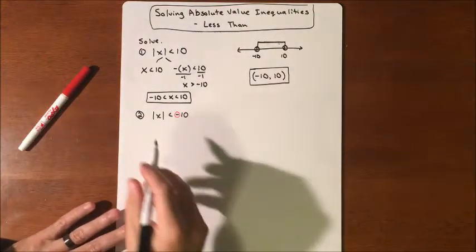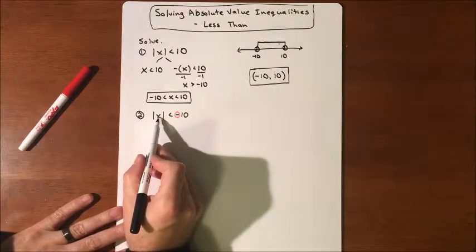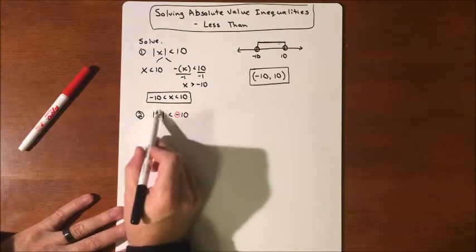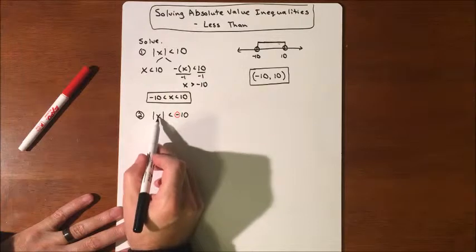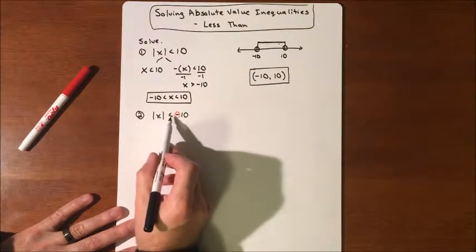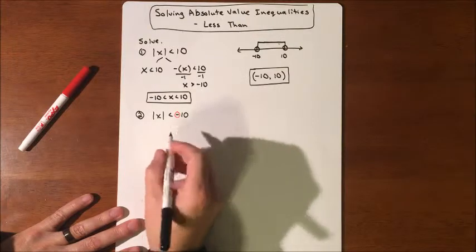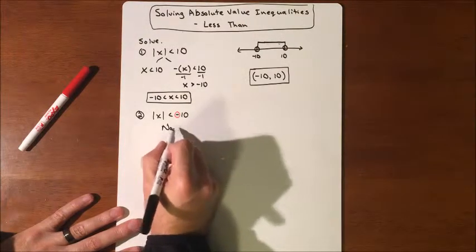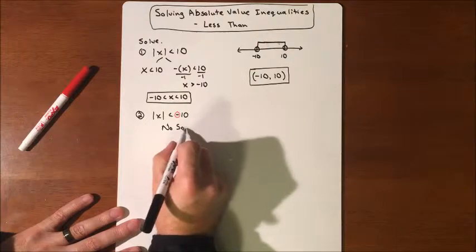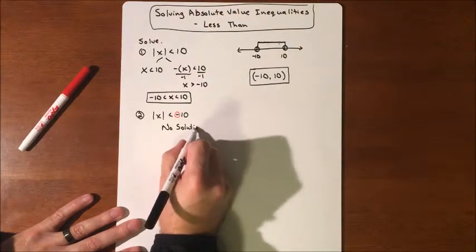So on this one kind of becomes a logic. This is always going to be a positive value or 0. So are any positive values ever less than negative 10? No. So there's no number we could plug into this to make it work. So it's a no solution.